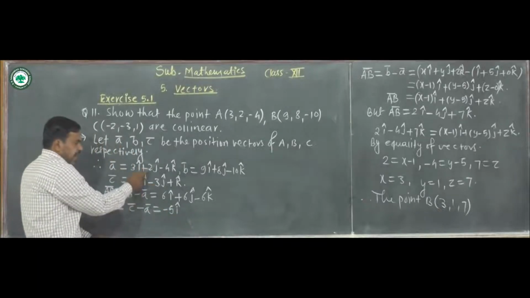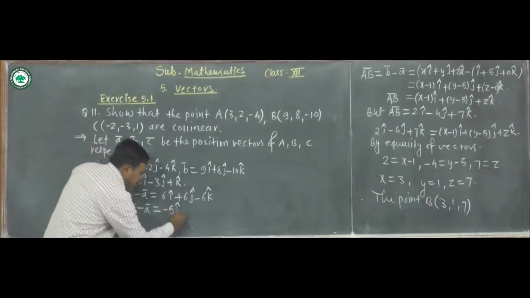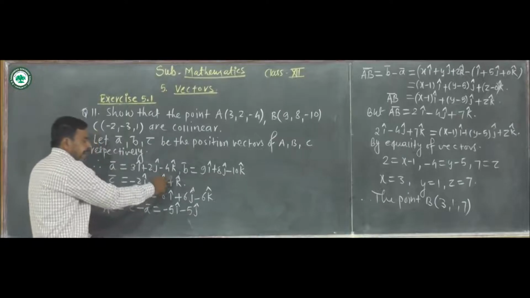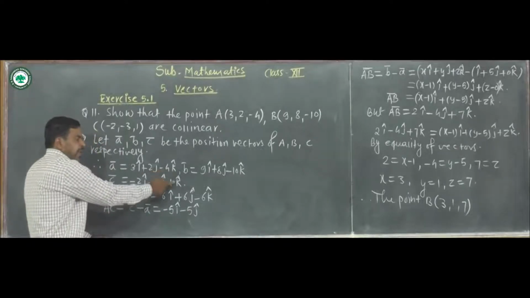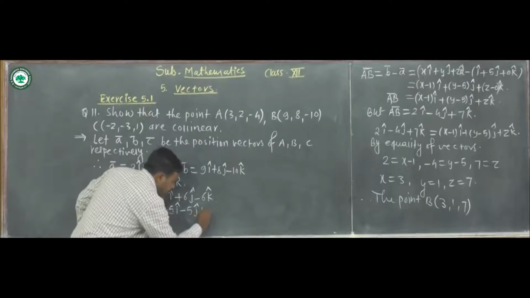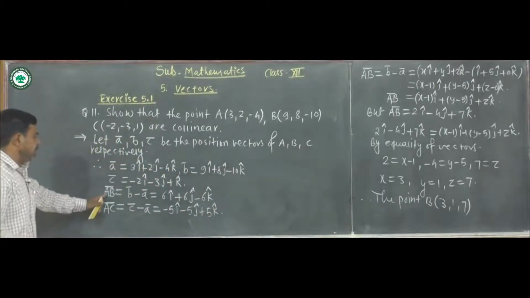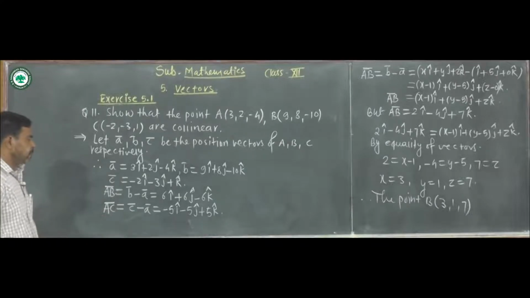Minus 3 j cap minus 2 j cap, minus 5 j cap. k cap, minus minus becomes plus, k cap plus 4 k cap, 5 k cap. So this is AB bar and AC bar.